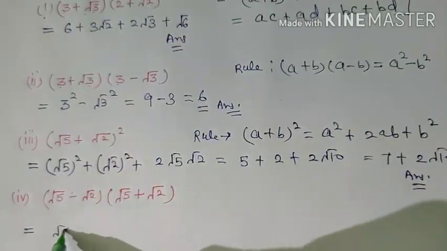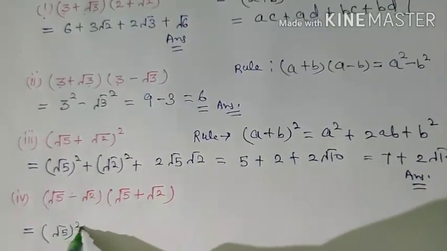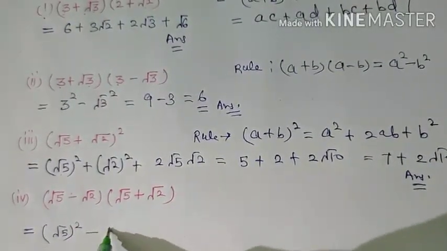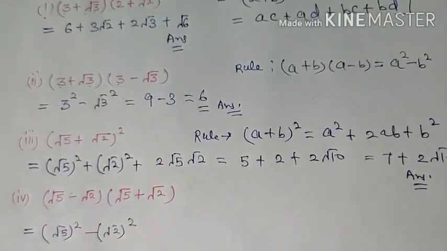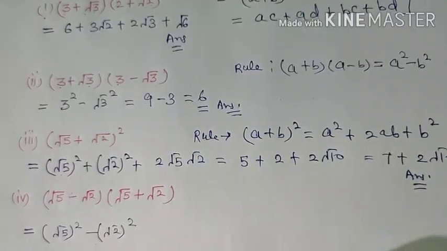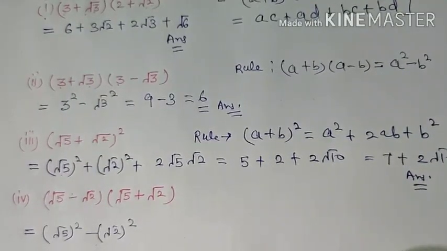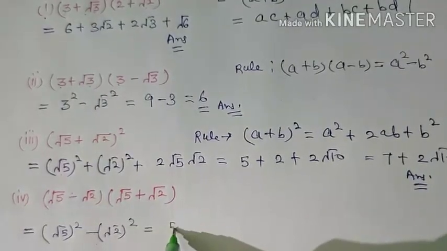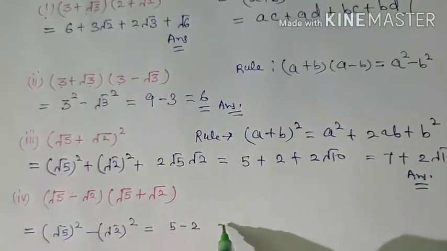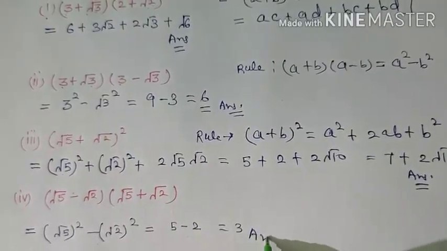Root 5 square minus root 2 square, so it will be 5 minus 2, it means 3, that is the answer.